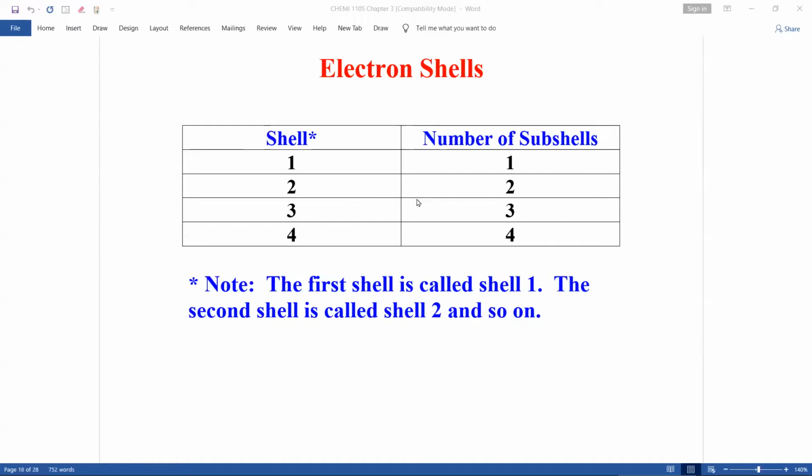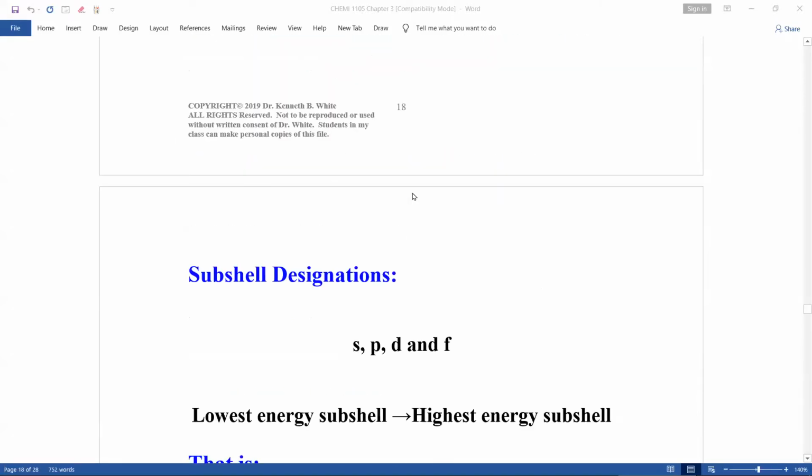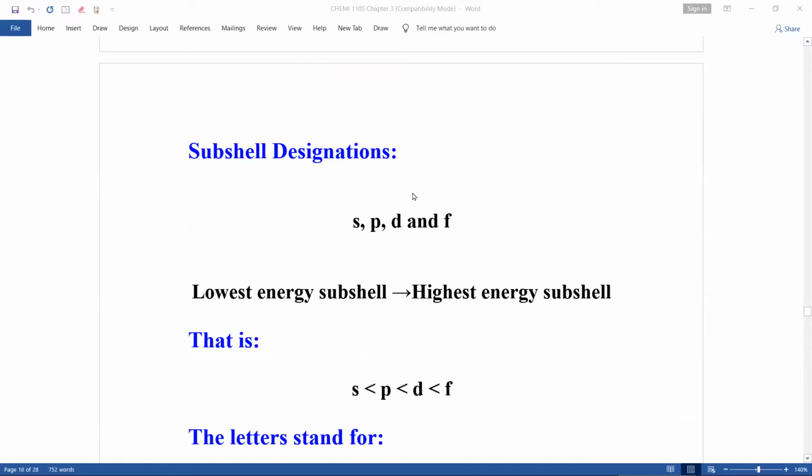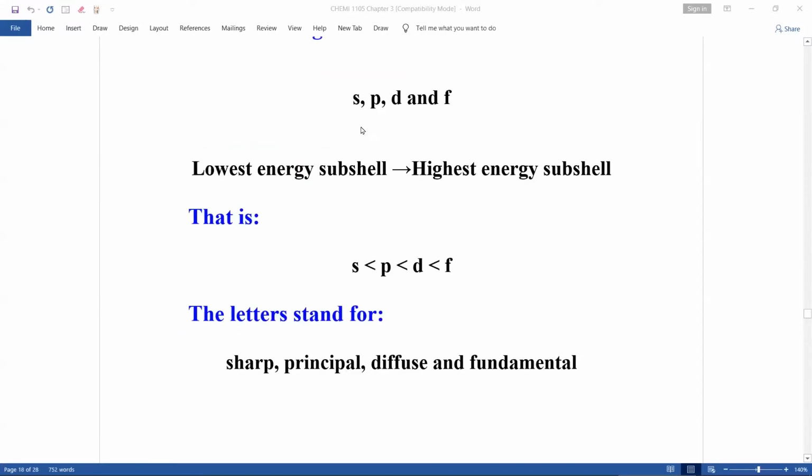That's the shells. Now, if we look at the subshells, they have letter designations S, P, D, and F. S is the lowest energy, and it goes from S then to P, which means S is less energy than P, than D, than F.